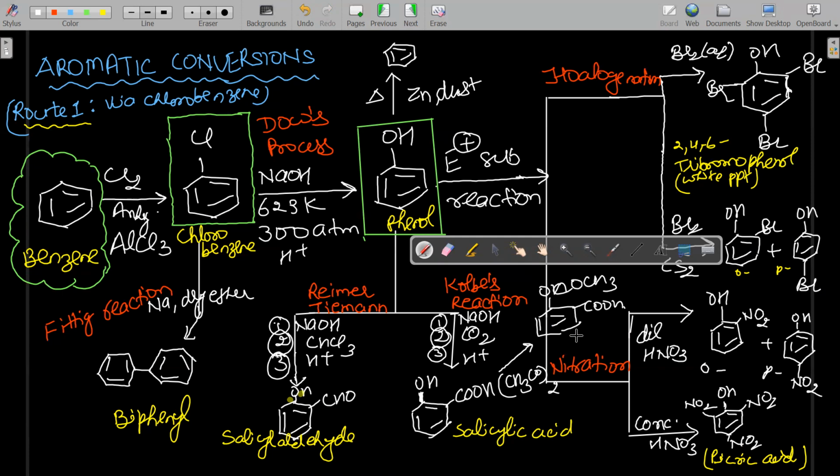So there is a formation of aspirin using this salicylic acid.